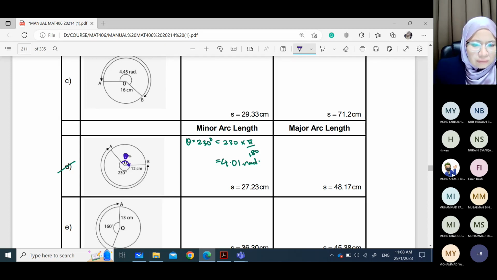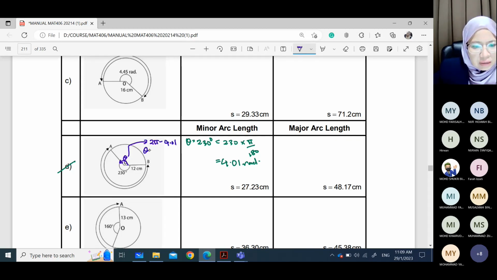Jadi untuk dalam minor dia adalah this one. So kita boleh tolakkan. Dia sepatutnya macam ni. Okay, so yang biru ni adalah this one, it is about 2 pi minus 4.01.